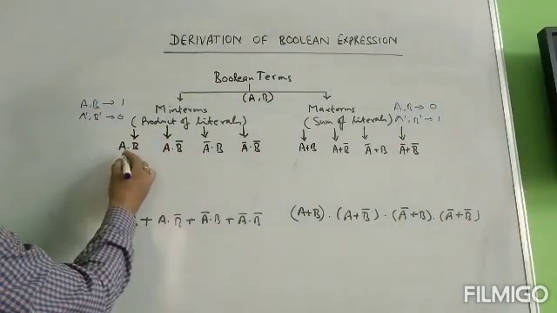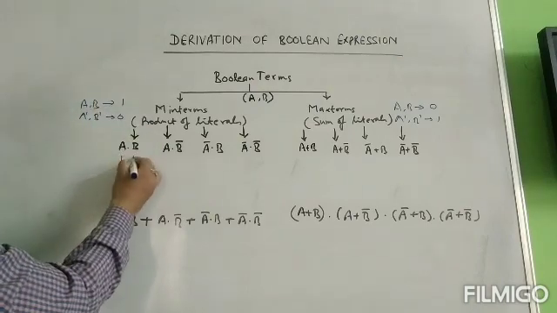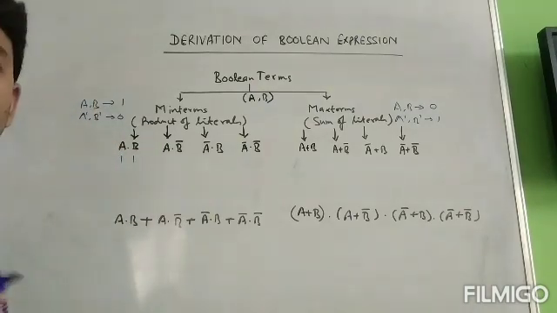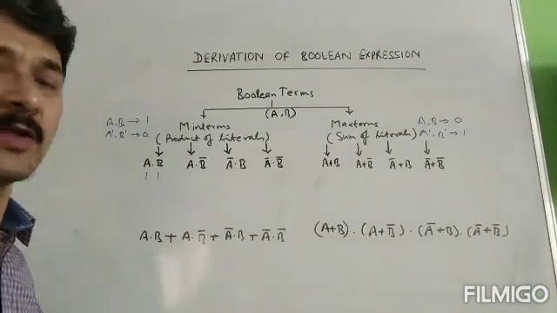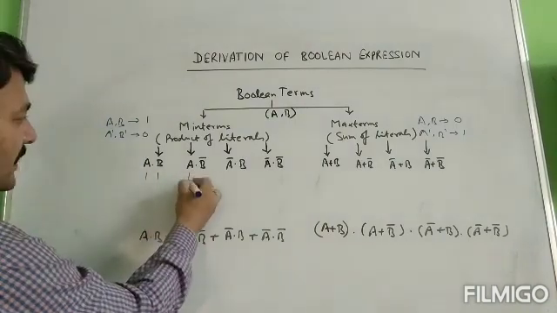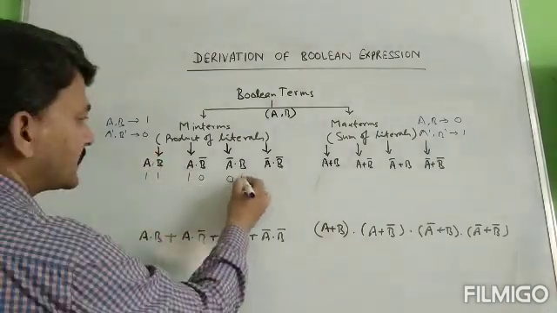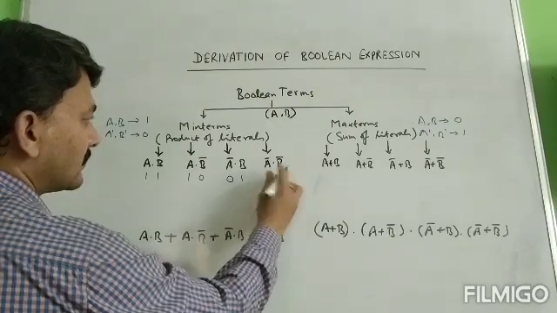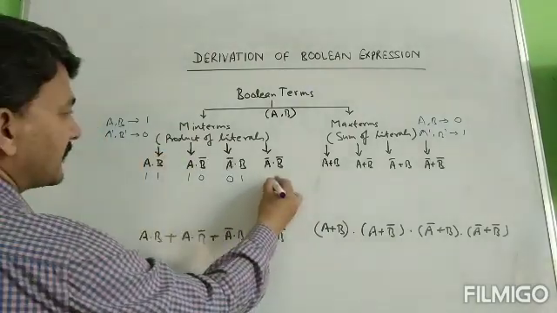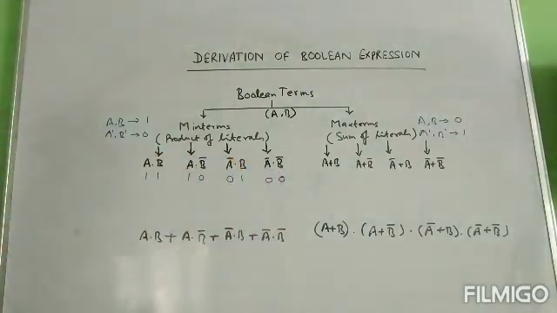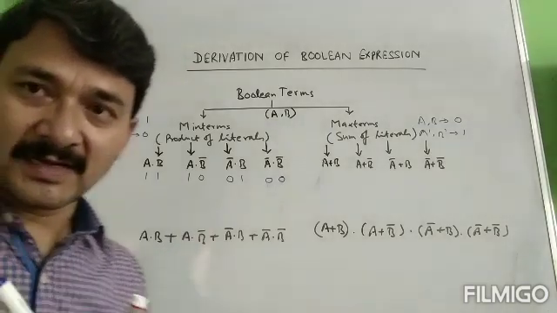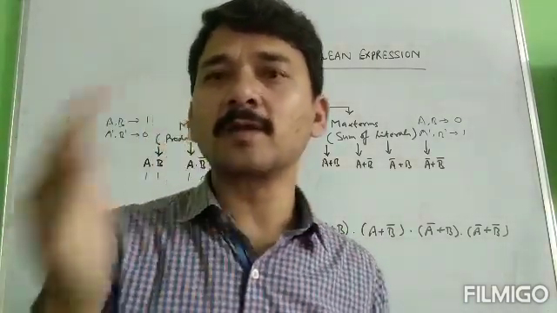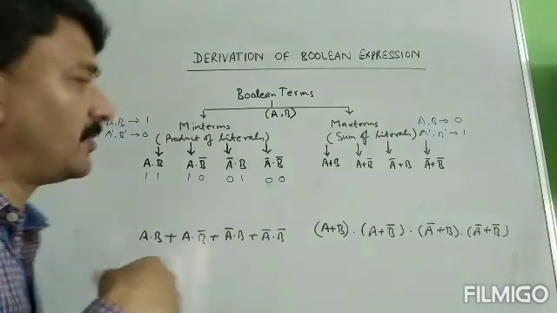In this case, AB has the binary value 1 1, AB naught is 1 0, A naught B is 0 1, and A naught B naught is 0 0. These are the binary values. In class 11 we also discussed how to convert binary to its equivalent decimal form.